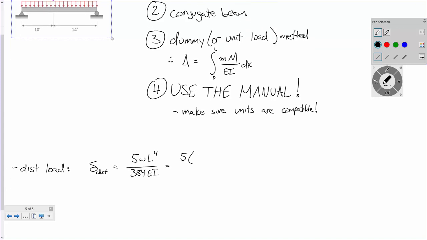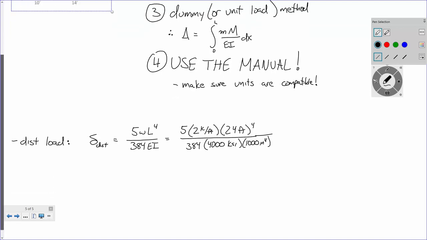Yeah. Beam, how long is the beam? 24 feet? E is 4,000 ksi, and I is 1,000 inches to the fourth.